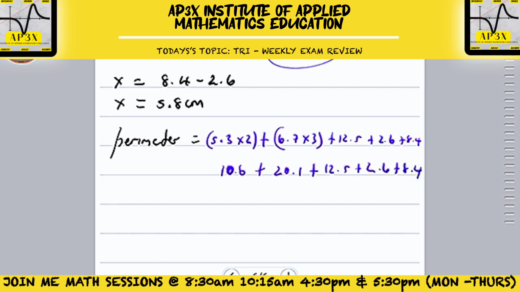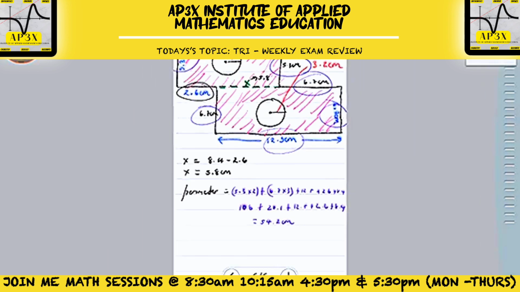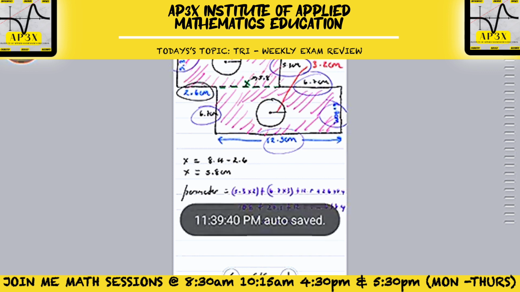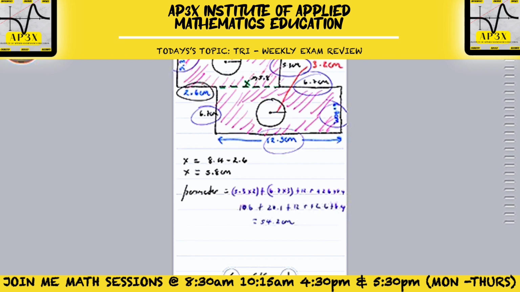So we're going to add 10.6 plus the 12.5 plus the 2.6 plus the 8.4, and we end up with a final perimeter here of 54.2 centimeter. All right, so yeah, that's what was required. So it's not really a difficult question. You just had to use a little bit of intuitive thinking there.